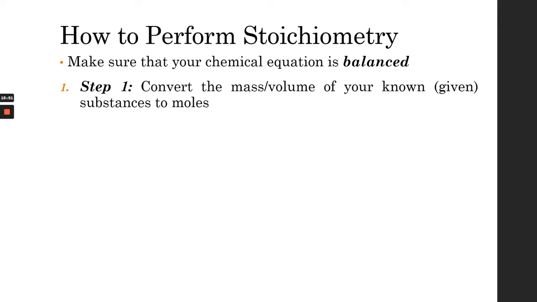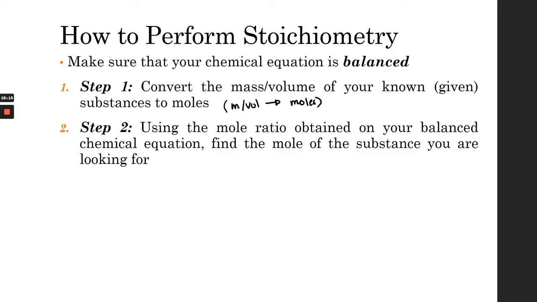We begin, this is very crucial, this is a general step. We begin by first converting the mass or the volume of your known substance into moles. The second step is to, using the mole ratio obtained from your balanced chemical equation, find the moles of the substance you are looking for.